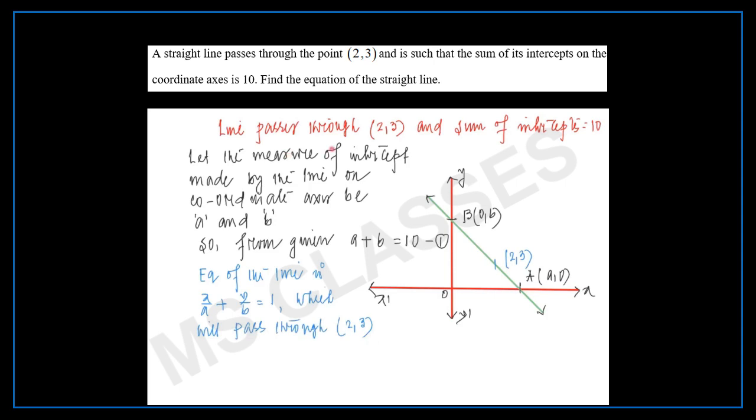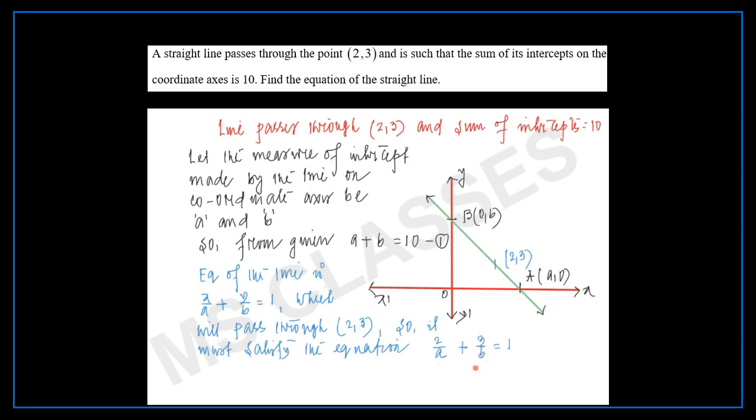The line passes through (2, 3), so it must satisfy the equation. Now, when the point satisfies the equation, we can write 2 by a plus 3 by b equal to 1.